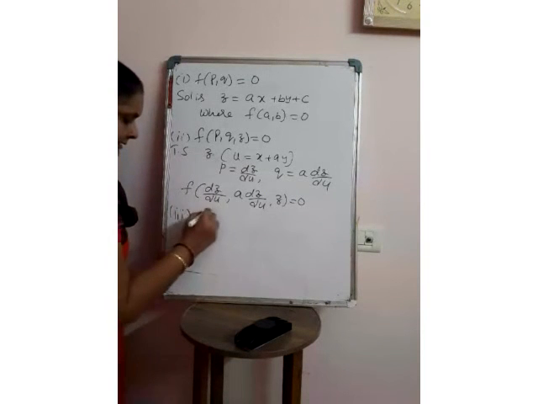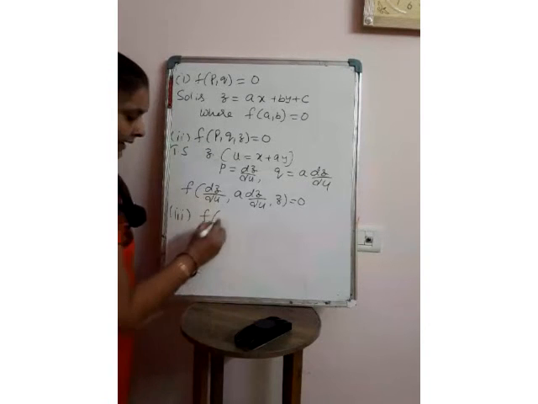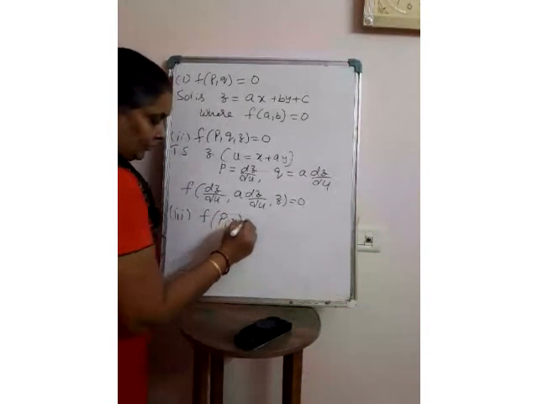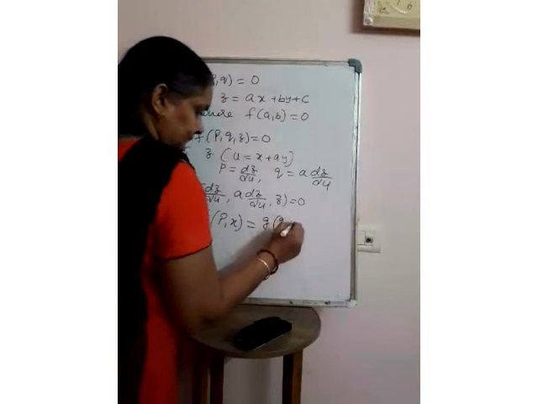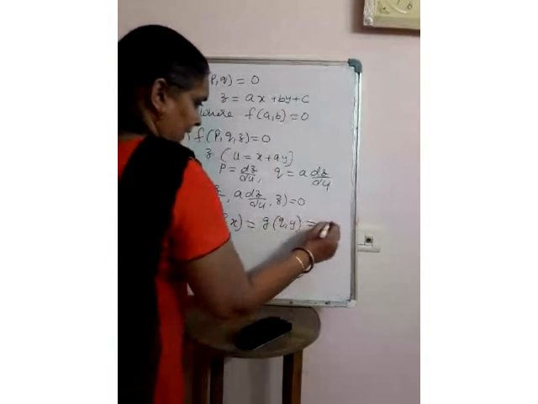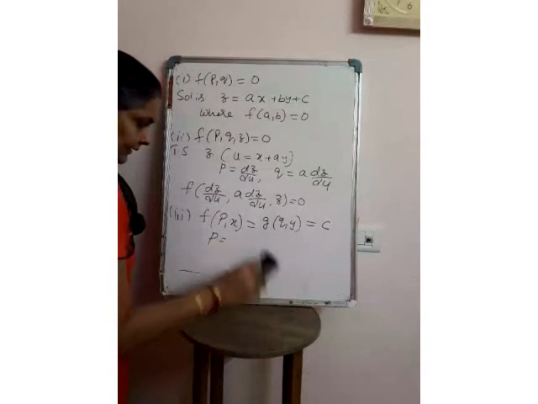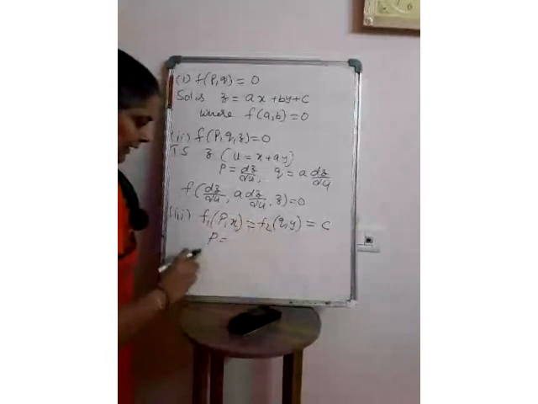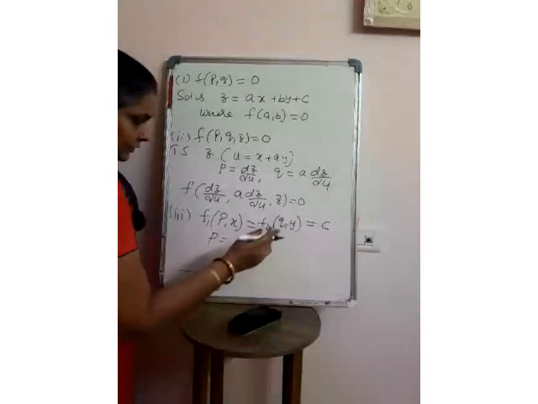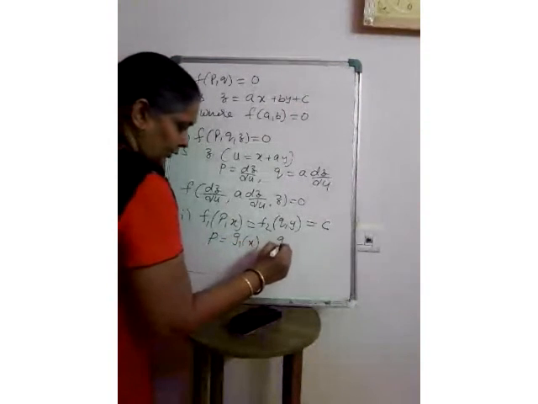The third one is an equation consisting of p, q, x and y without z, where the function of p and x can be separated from the function of q and y. We equate each term to a constant c. We try to find out the value of p as a function of x and q as a function of y.